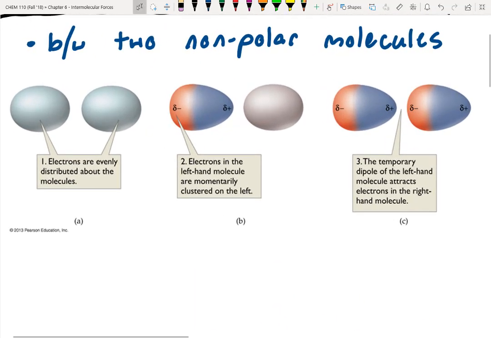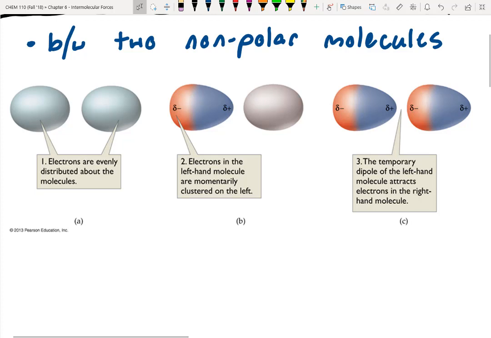If you have two different molecules, they've got these big electron clouds. Electrons, because they're particles, will kind of scatter around into a statistical probability map around a given central atom or molecule. However, if you stop and you take a picture of that at one given point in time, you might have a picture where the molecule on the left has more electrons on the left-hand side than on the right-hand side. So we call that an instantaneous dipole. That's one snapshot in time.